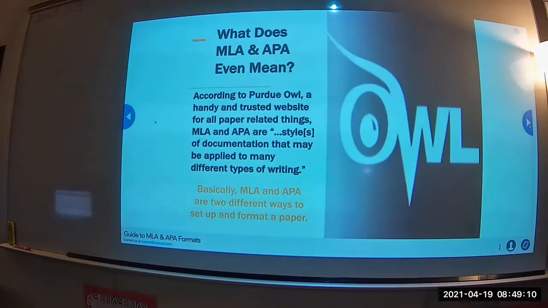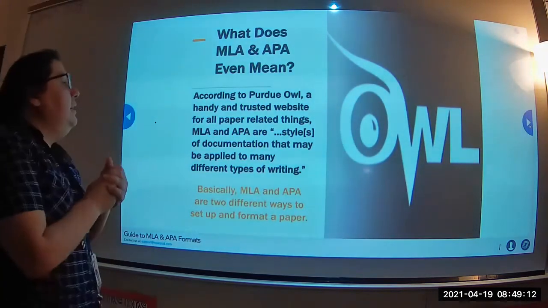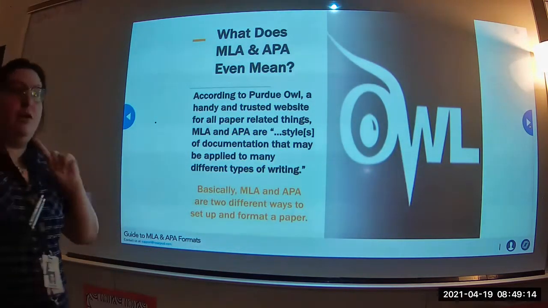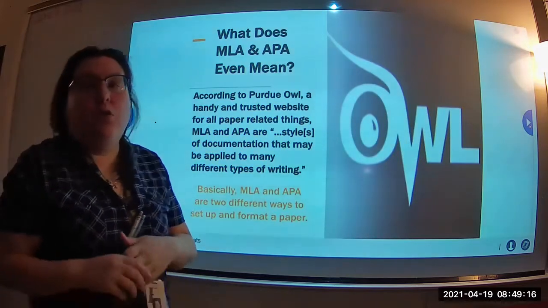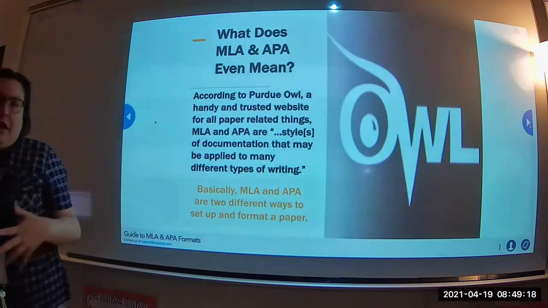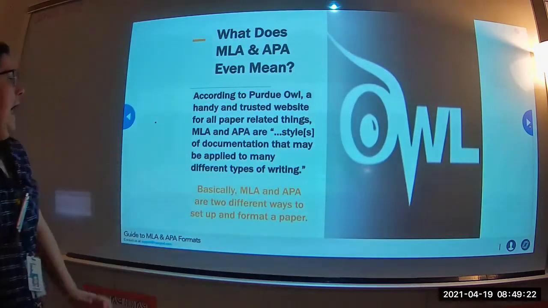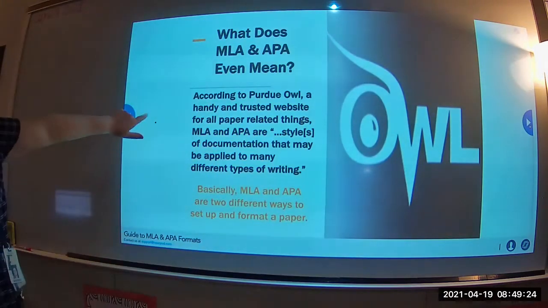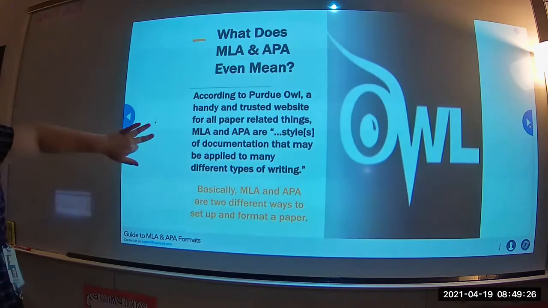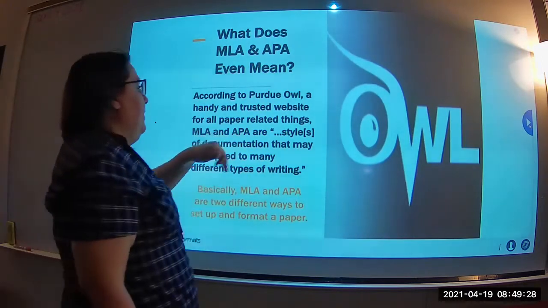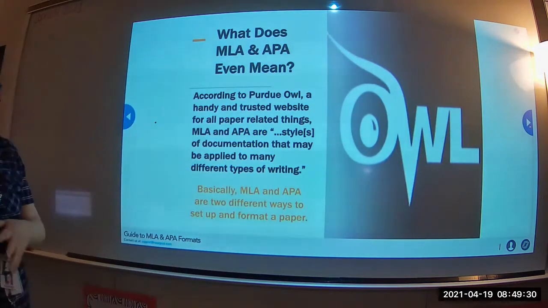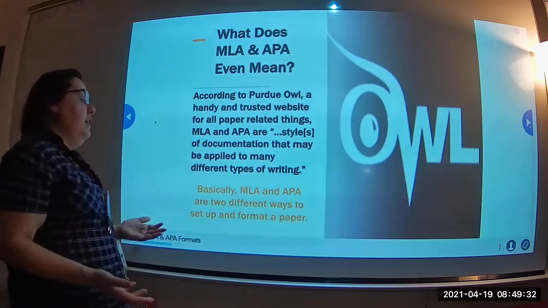Okay, so what does MLA and APA even mean? So according to Purdue Owl, which I want you to get very acquainted with because that is going to be your buddy, your pal when you're writing papers. It's a handy and trusted website for all paper related things for both MLA and APA, which are styles of documentation that can be applied to many different types of writing.